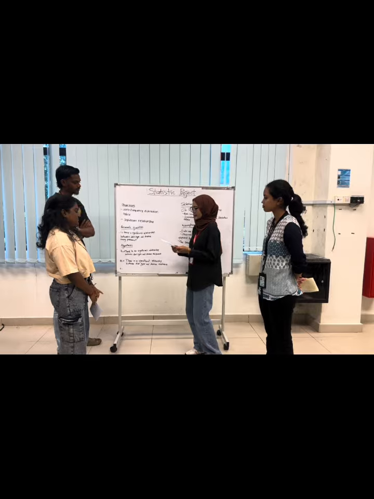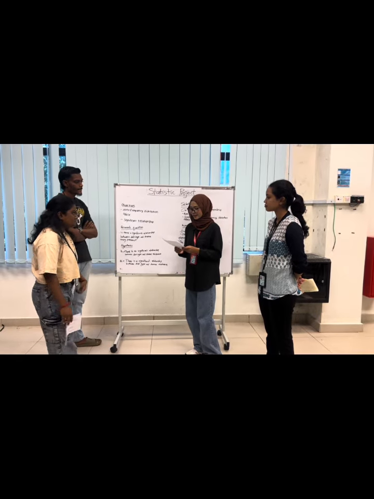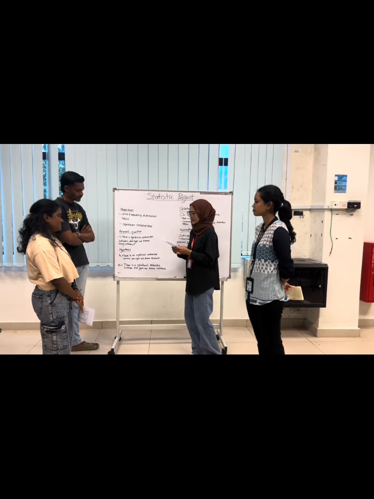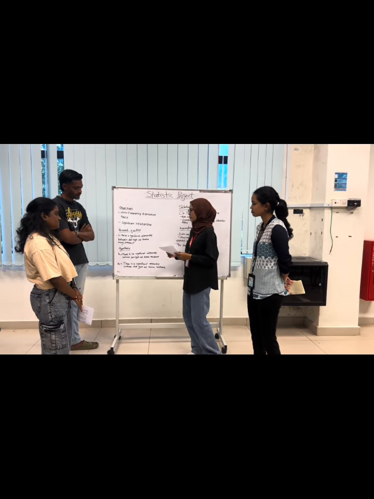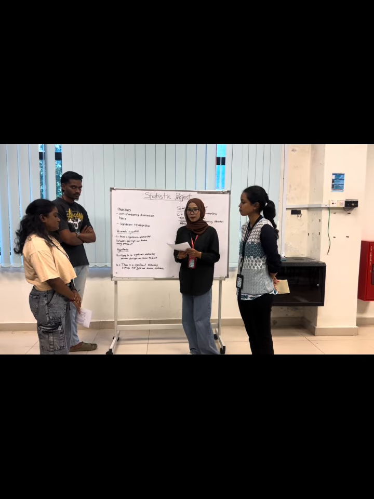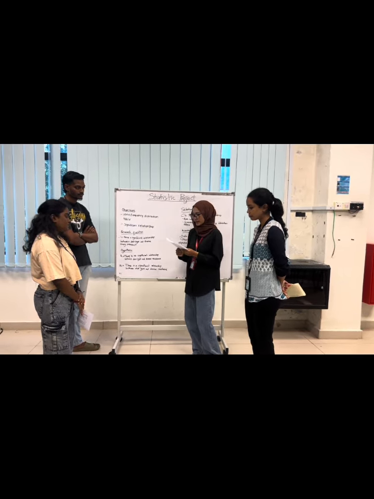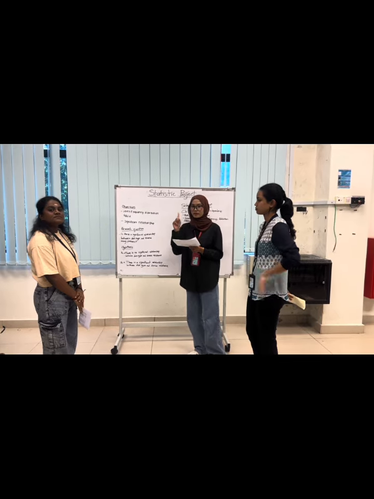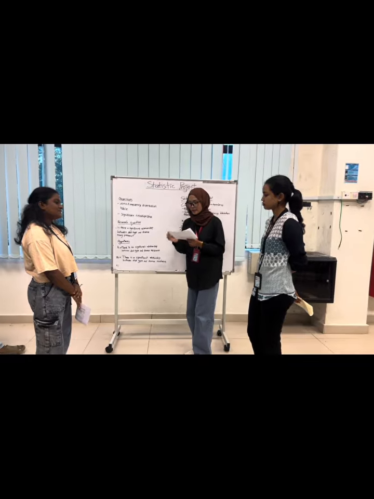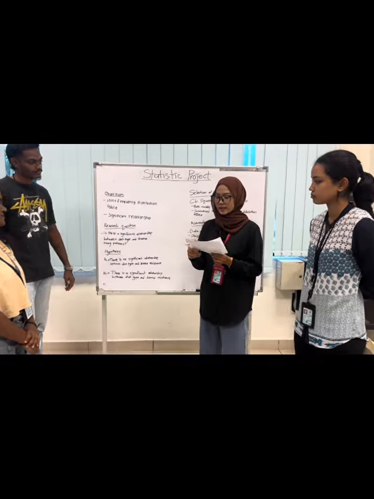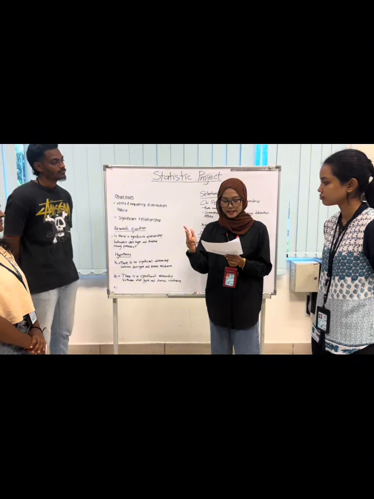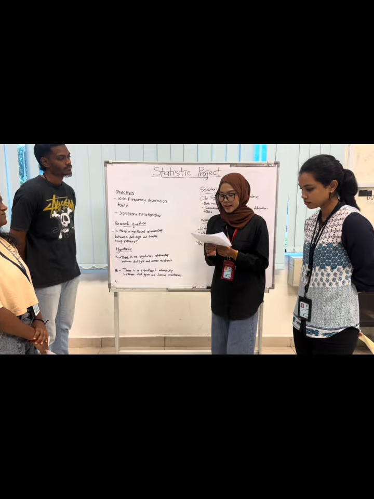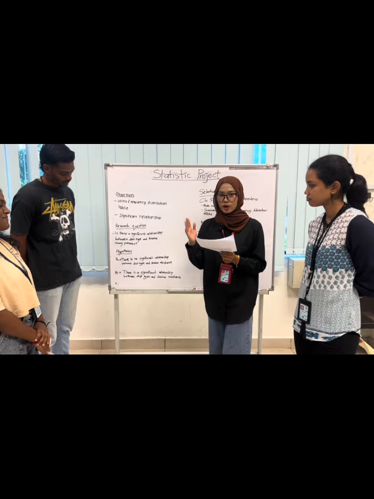Next, I will explain our research question. We analyzed the relationship between two categorical variables. The research question for this study is: is there a significant relationship between diet type and disease resistance among patients? The first variable is diet type, which consists of three categories: diet A, diet B, and diet C. The second variable is resistance, which has two outcomes: resistant and non-resistant.